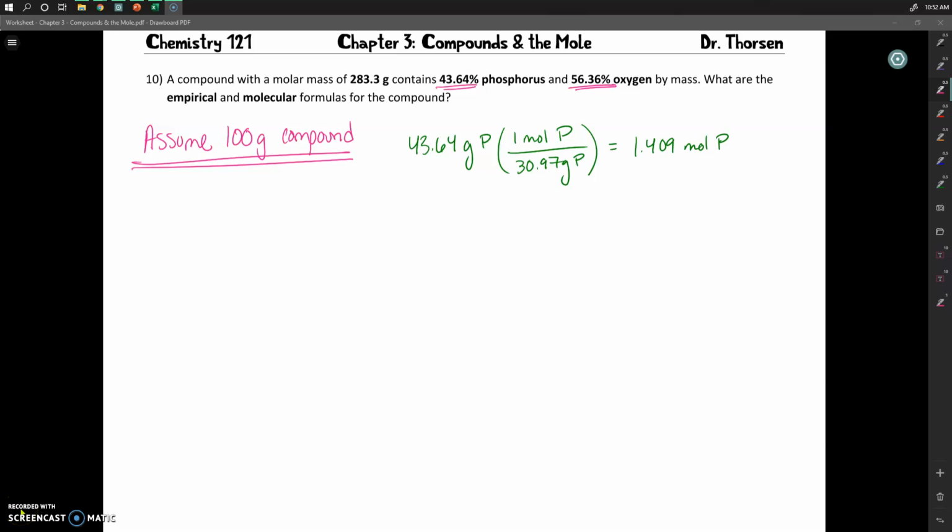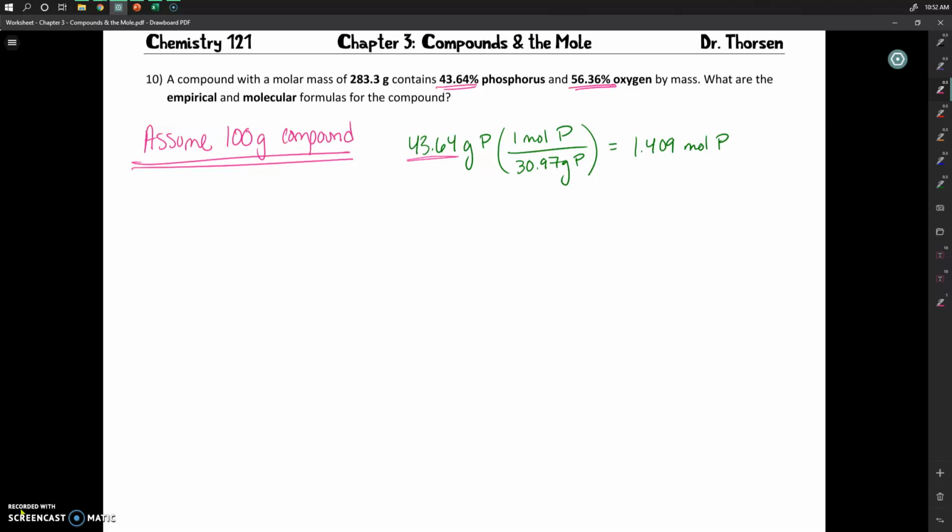So the 43.64% phosphorus would give us 43.64 grams of phosphorus in 100 grams of the compound. If you have 100 grams of the compound and 43.64% of that mass is phosphorus, then we just take the percentage as the mass in 100 grams of compound. The whole reason we assume 100 grams is so that we can just use those percentages as masses. It just makes things a lot simpler.